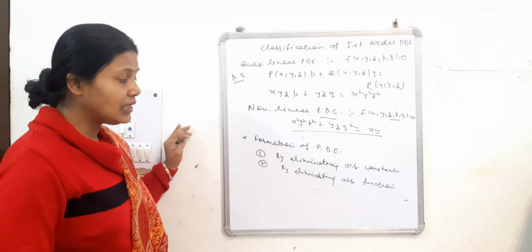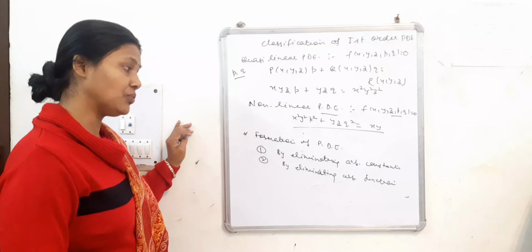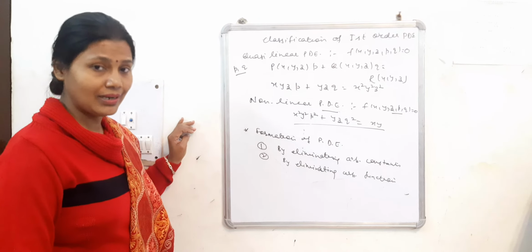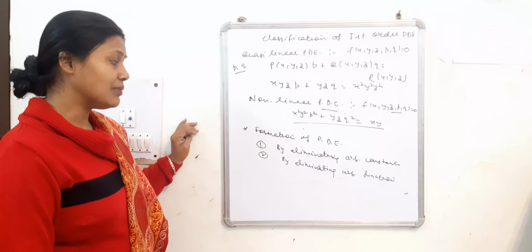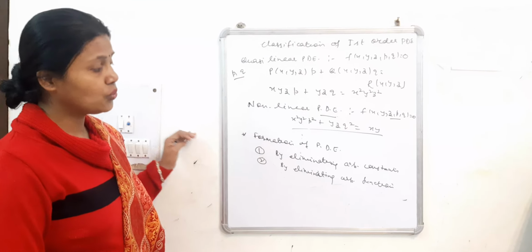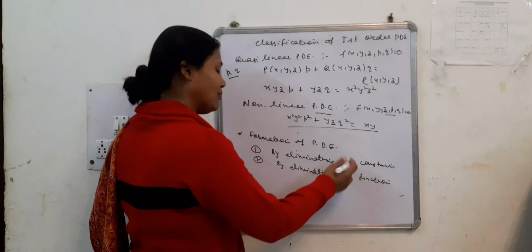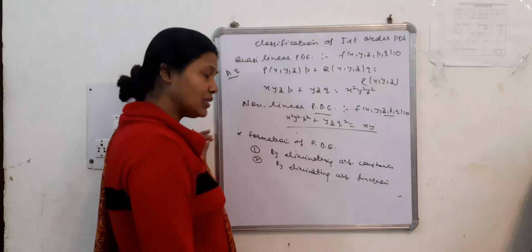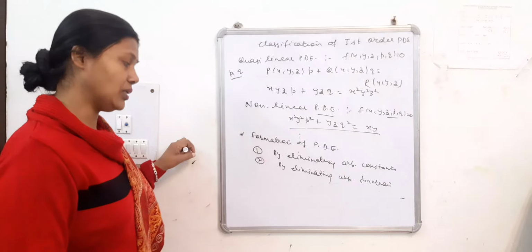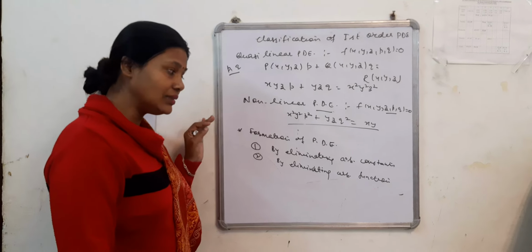But if the arbitrary constants that we are eliminating to form the partial differential equation are more than the number of independent variables, then the equation becomes of order more than 2, or 3 order can be formed. And similarly, we can form the partial differential equation by eliminating the arbitrary functions. By eliminating arbitrary constants, means constants like a, b, must be present in the equation.